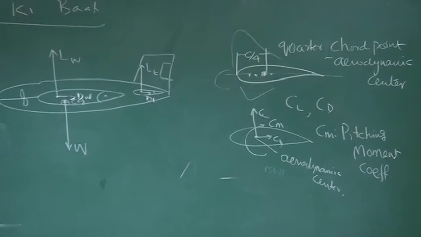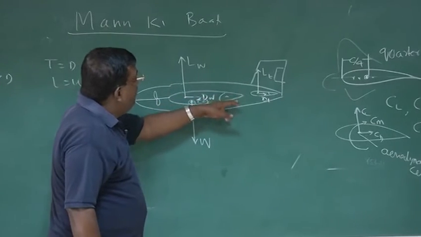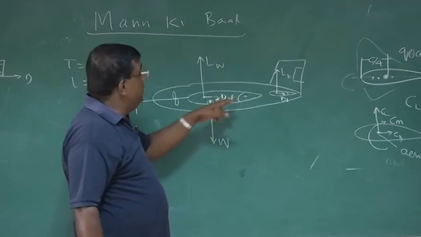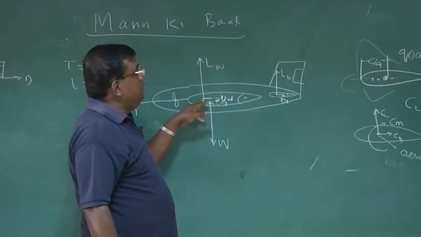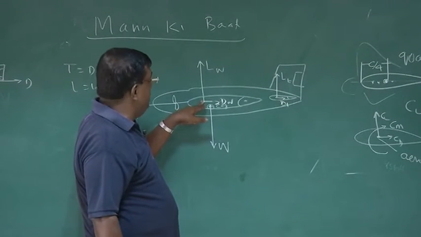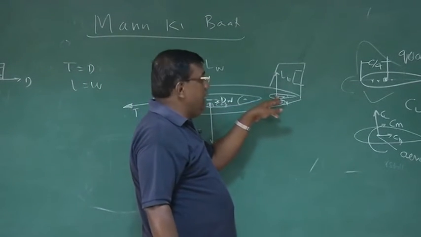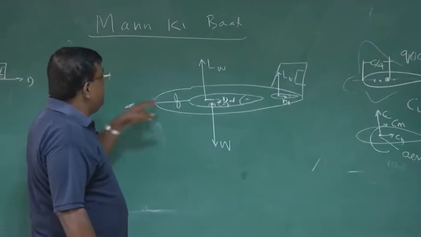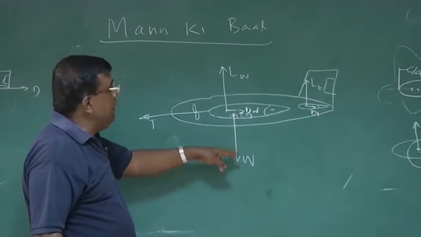Now if I come back, I know this is the wing, so I find the chord, and this point will be 25% of the chord, so I know this point. Similarly, I know this point for the tail. I know the thrust, where it's located. I know where is the CG and the weight.